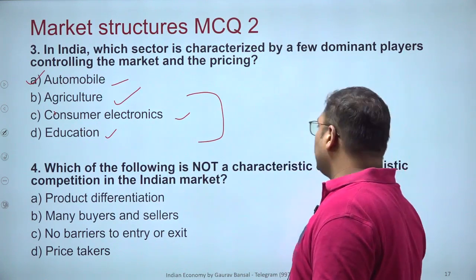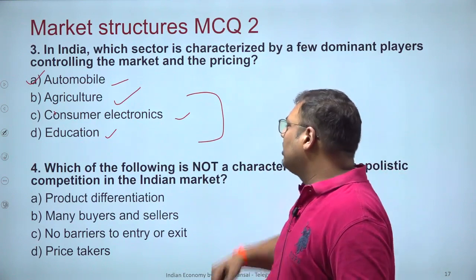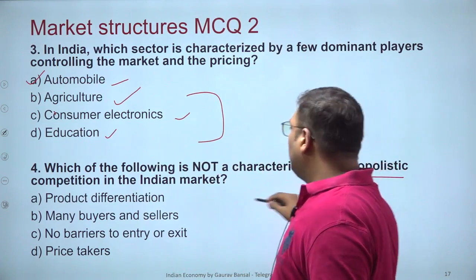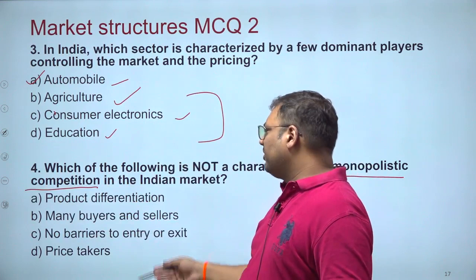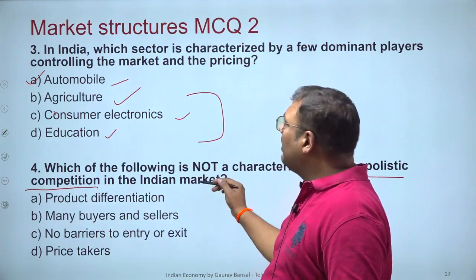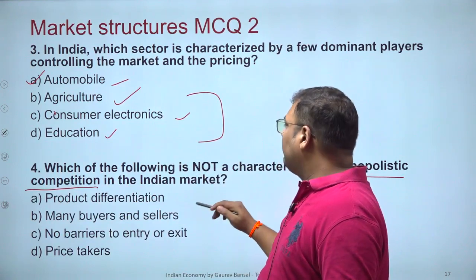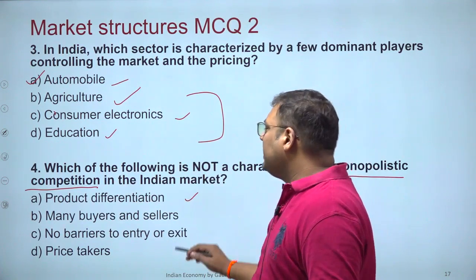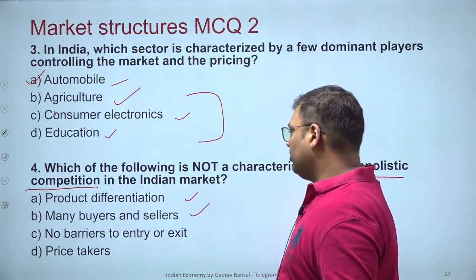Question number 4. Which of the following is not a characteristic of monopolistic competition in the Indian market? Again, it is not specific to the Indian market. Okay, Indian market is just given so that it can confuse you unnecessarily. Product differentiation is a feature of monopolistic competition. Many buyers and sellers is a feature of monopolistic competition.